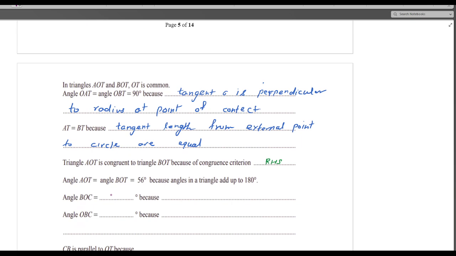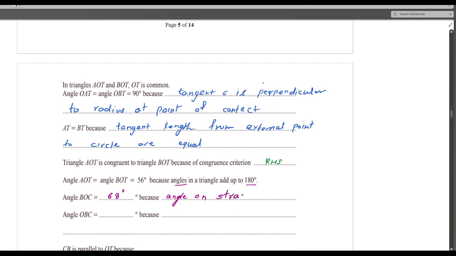So this angle BOC is 68. This is because angles on a straight line add up to 180.